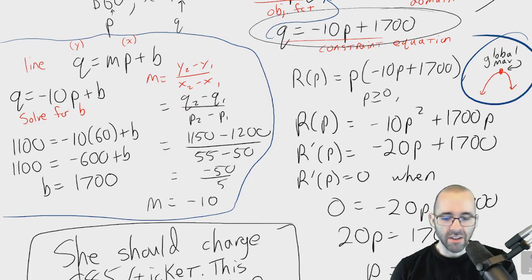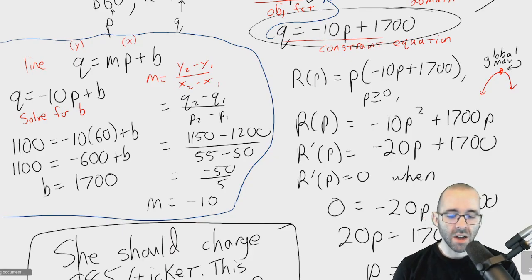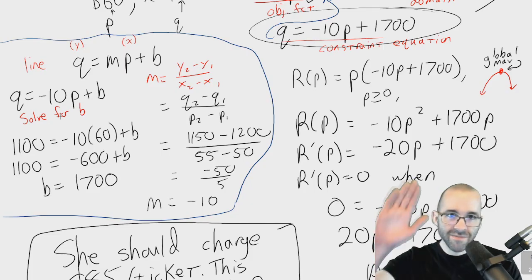We didn't have to consider the endpoints because the parabola is going down on either side. So you can use information of math to make your lives easier when you can spot it. Or you could do the same analysis that we did in the previous problem. Let me know if you have any questions, and good luck.